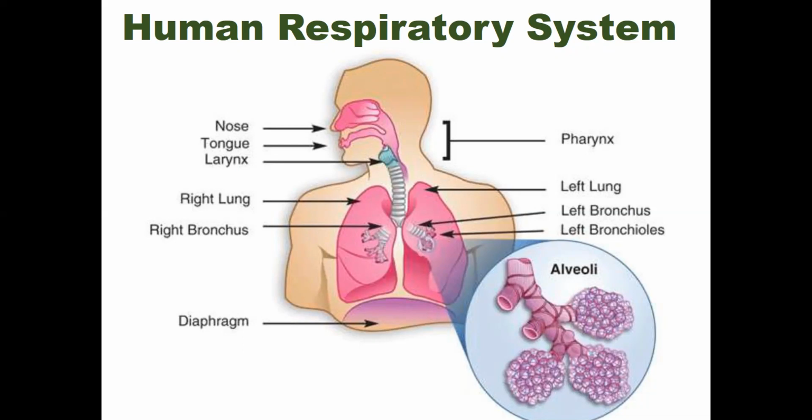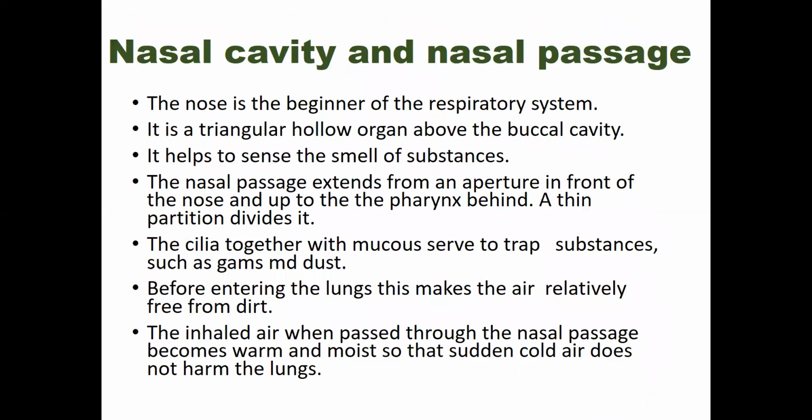So let's start with the nasal cavity and nasal passage. The nose is the beginning of our respiratory system. It is a triangular hollow organ situated above the buccal cavity. Buccal cavity means our mouth cavity. So the nasal cavity is located just above the buccal cavity.